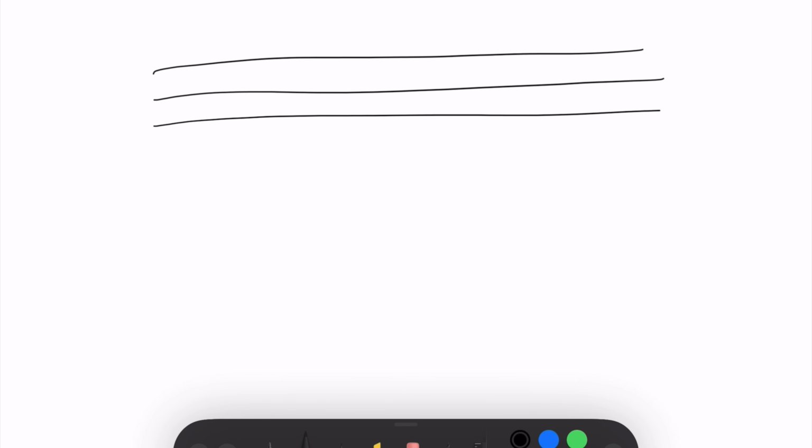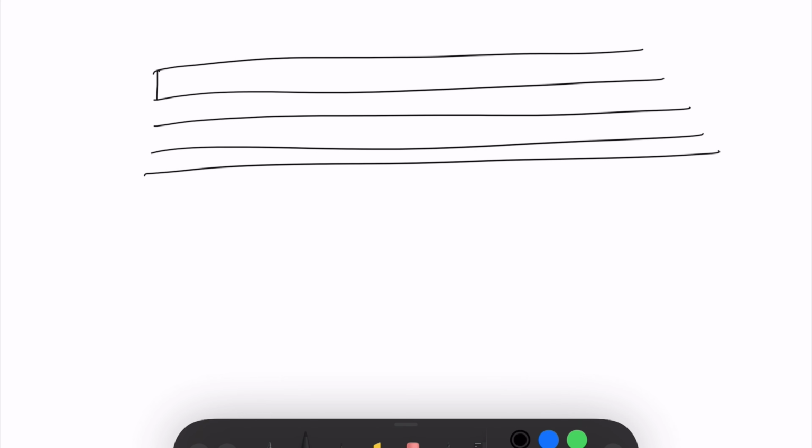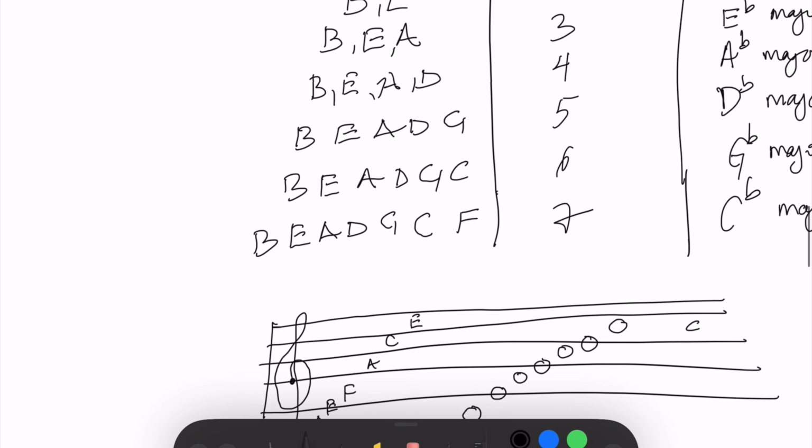So this will be F, the key of F has one flat, like we've seen already. That one flat, let's remind ourselves where it is drawn.